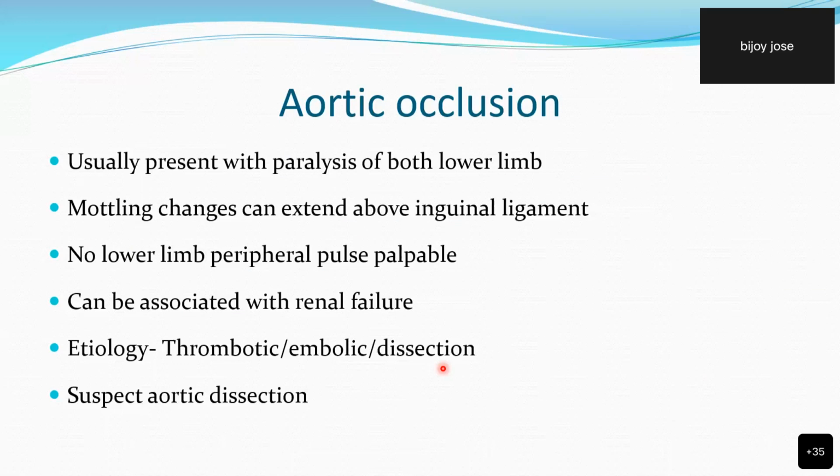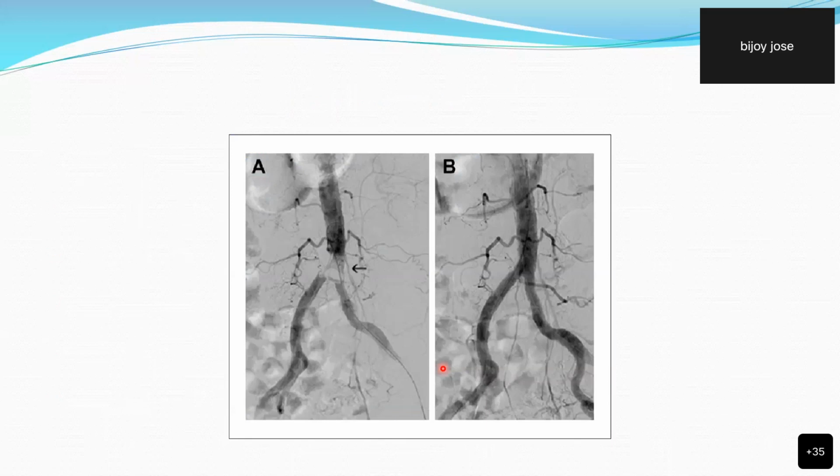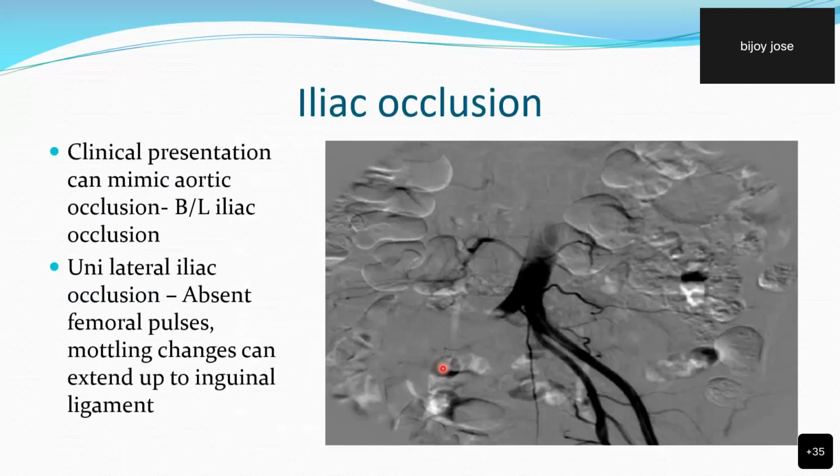In a young hypertensive patient with chest pain, we have to suspect aortic dissection. Here is a patient with a saddle embolism at the aortic bifurcation on the left side, and after revascularization, we can see good runoff across the bifurcation after embolectomy. Next we come to patients with iliac occlusion.